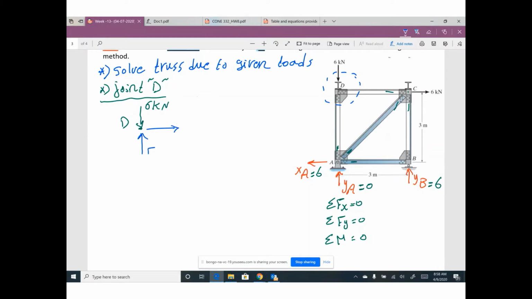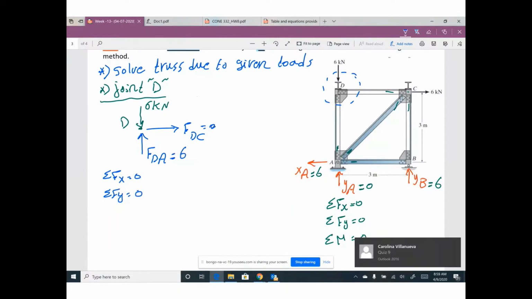This member FDA, this member FDC. If you apply summation F of x equals 0, this force will be 0. If you apply summation F of y equals 0, this force will be 6. This one is 0, it's okay. This one is 6, which is compression.